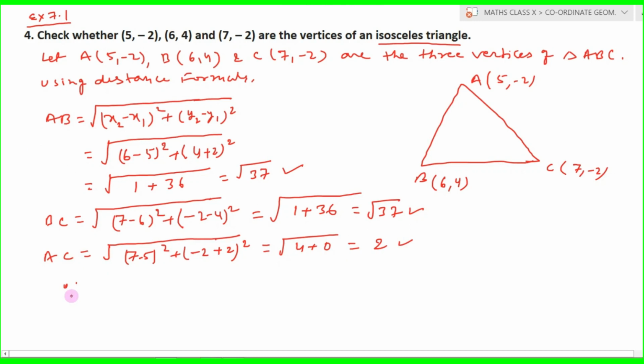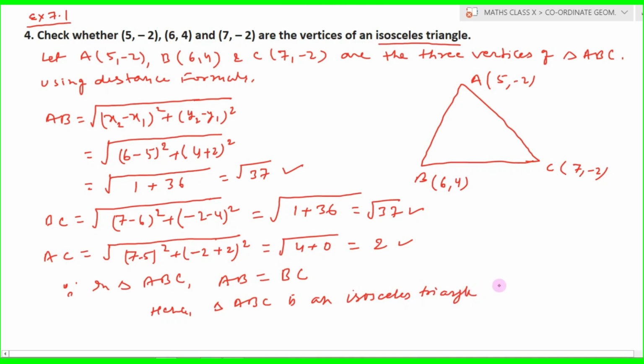So here we write, since in triangle ABC, AB is equal to BC, so these two sides are equal, hence triangle ABC is an isosceles triangle, and that we have to only show. It is called check whether it is yes or no. Hence triangle ABC is an isosceles triangle. This is your answer. You don't require to write proof here. Okay, I hope you understood.